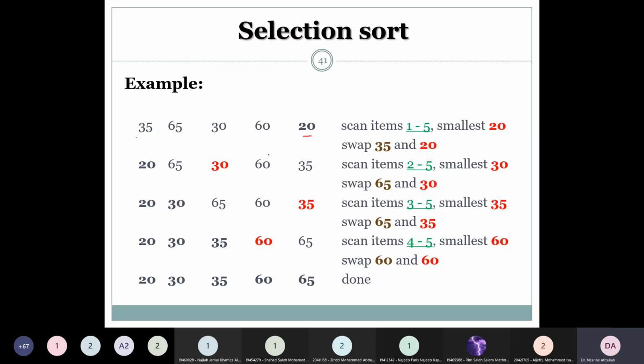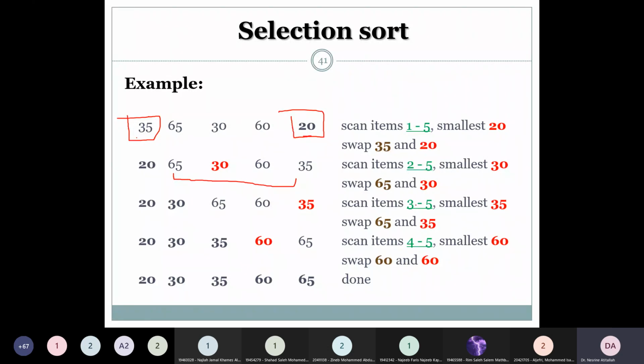So this is my new list, with 20 at the first place and the others in the same order. I just swap 20 with the first item. This is my list after the first iteration. After that, I will scan items from here to 5 and calculate the smallest item.